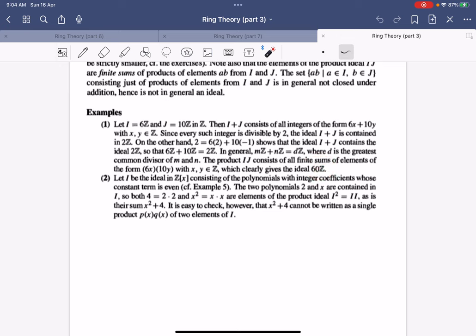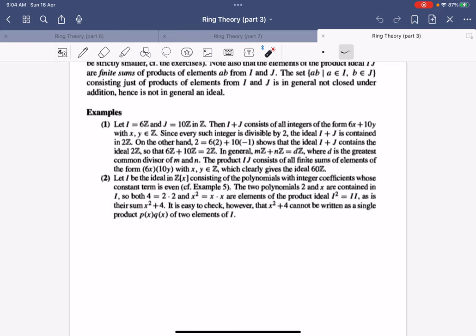And so if we let I be an ideal of the polynomial ring with integer coefficients, we can see that the polynomials 2 and x are contained in I. And so 4 and x squared are contained in the product ideal, I squared. And so is their sum.